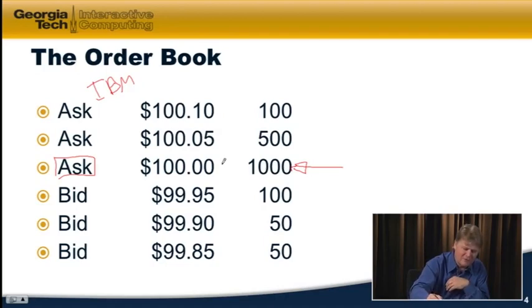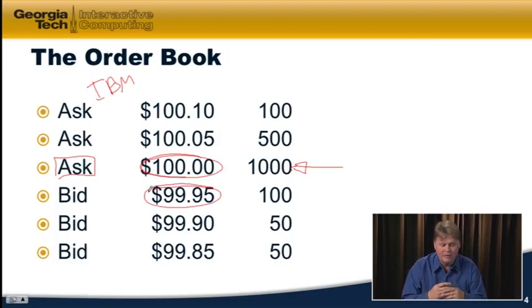There are 1,000 shares available for sale at $100. The problem is the most that anybody is willing to pay right now is $99.95. So there's this gap between the lowest anybody's willing to sell and the most anybody's willing to pay, called the spread.